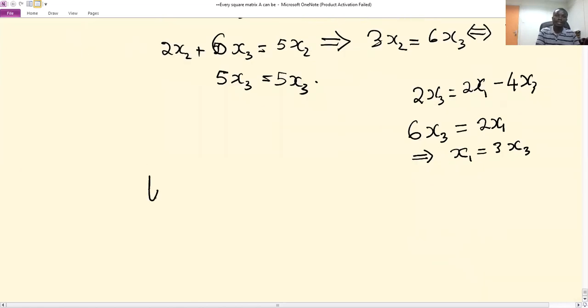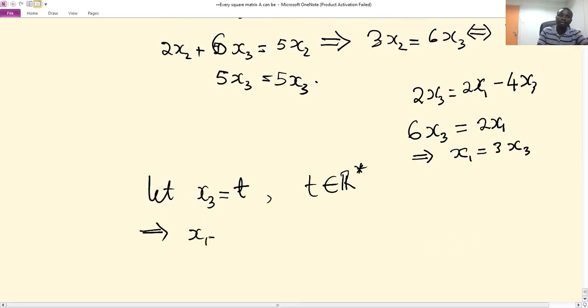So you say let x3 be any real number t. Of course, we should not allow all of it to be 0 because it will result in a 0 vector. Then this implies that x1 will be 3t, and since x2 is 2x3, x2 will be 2t.